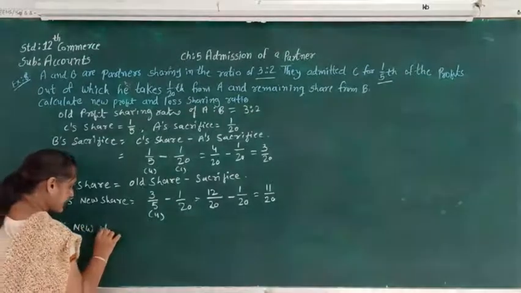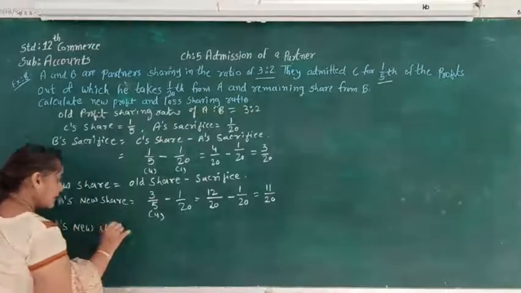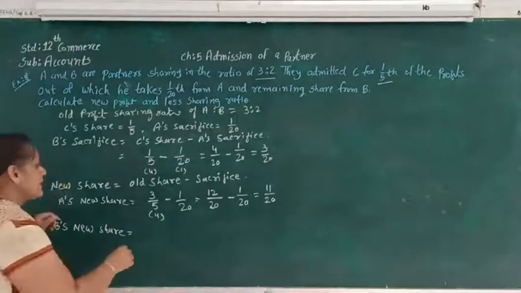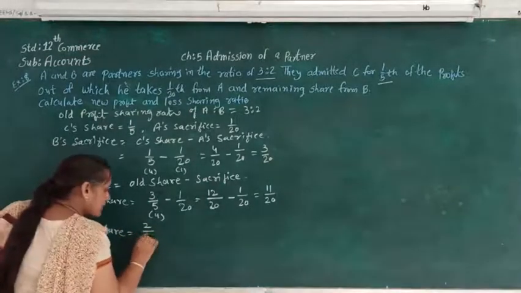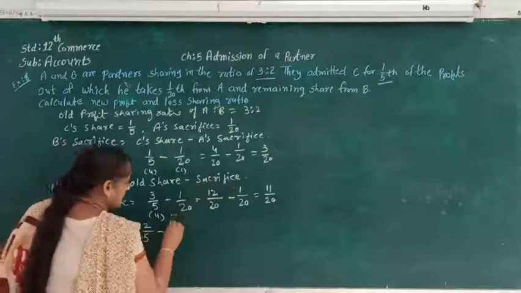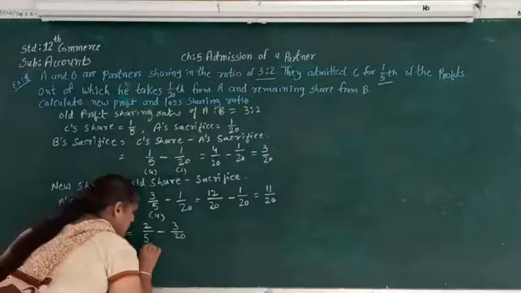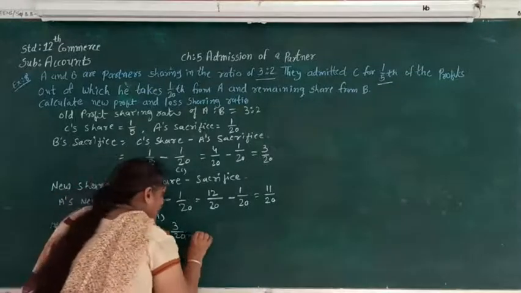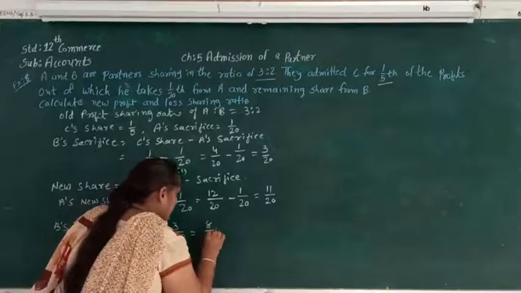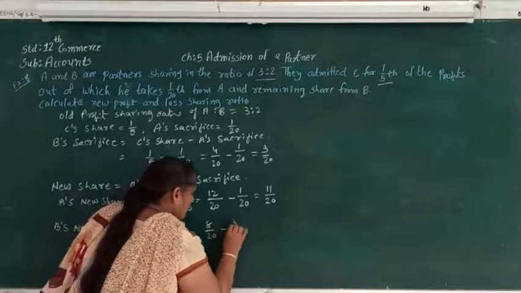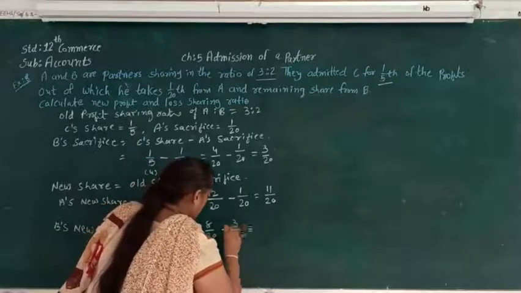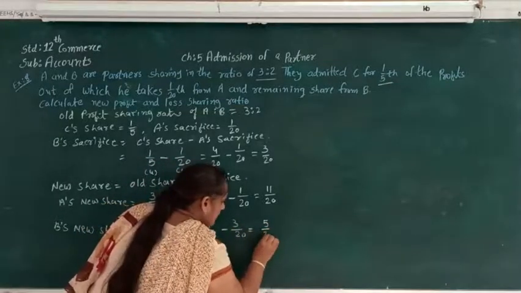B's new share is equal to B's old share, which is 2/5, minus sacrifice, which is 3/20. So here again making the denominator same, it will be 8/20 minus 3/20. So it will be 5/20.